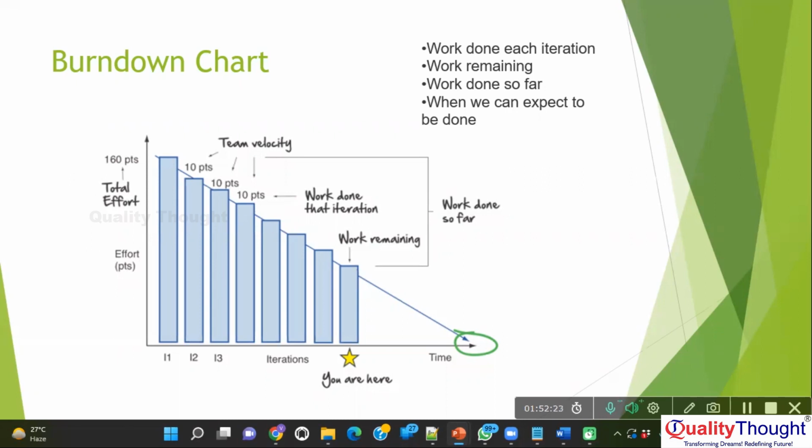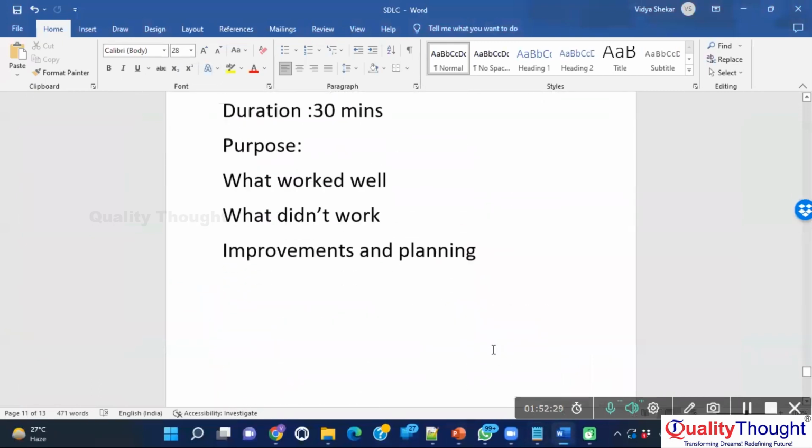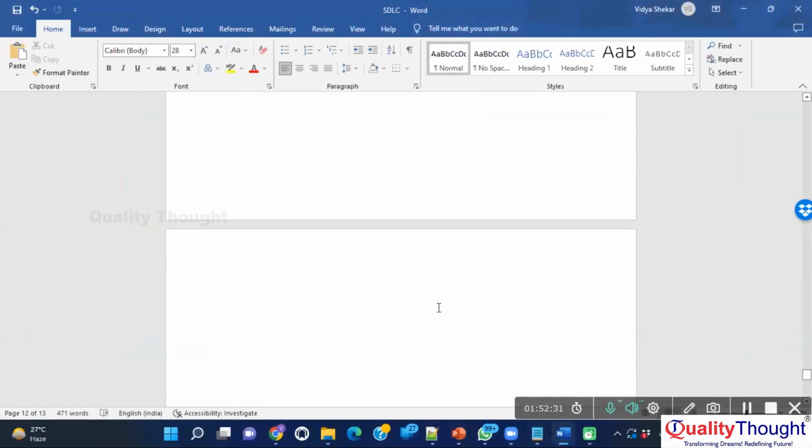No, I'll tell you. In industry, one story point is only 6 hours. That means in a day, your maximum productive work is 6 hours only, because the other 2 hours you will be spending on calls, discussions, deployments, everything going on.